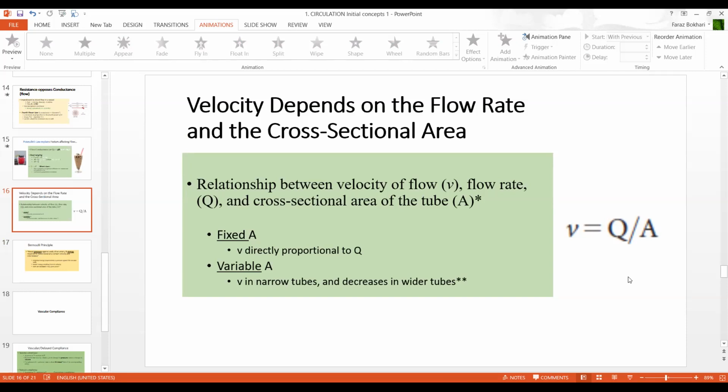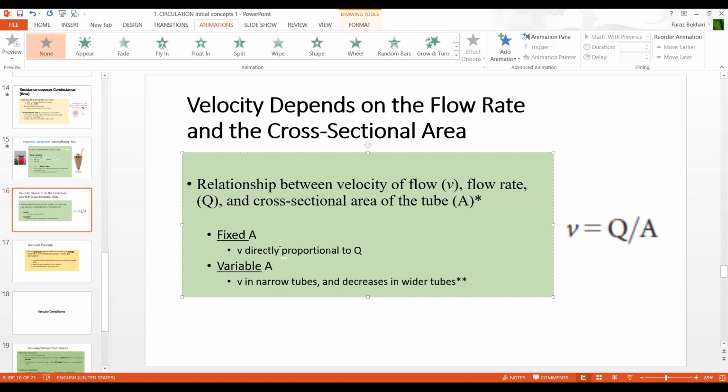It makes sense because you don't want blood gushing through the capillaries, hastening past the tissues it's supposed to give oxygen and nutrients to and take their carbon dioxide and whatnot. So velocity needs to be dropped. So that's an important point.